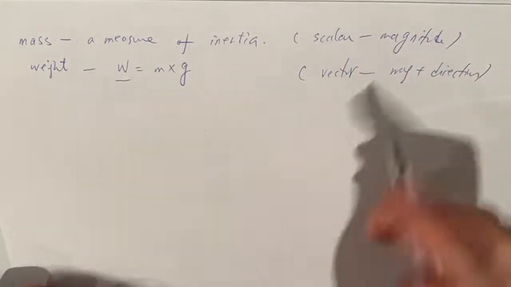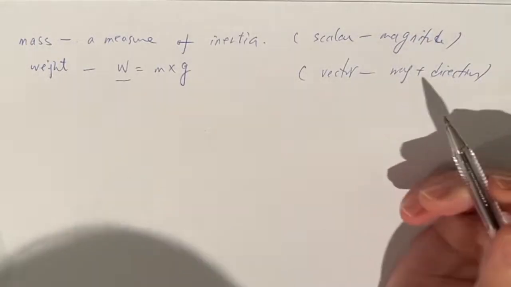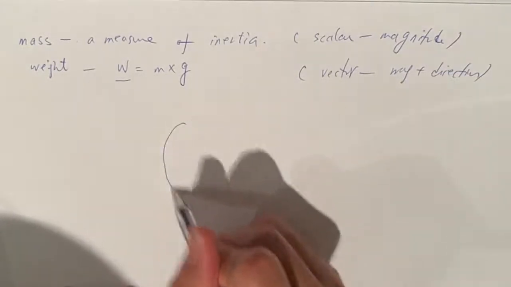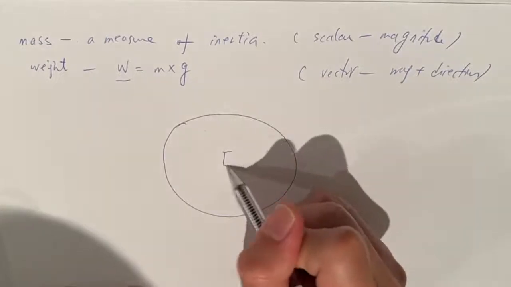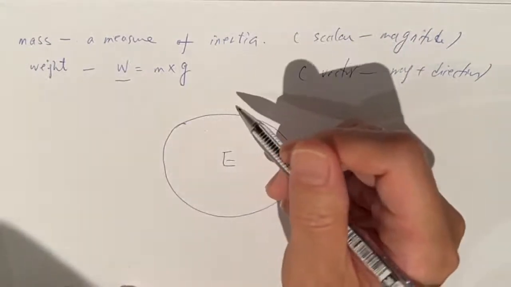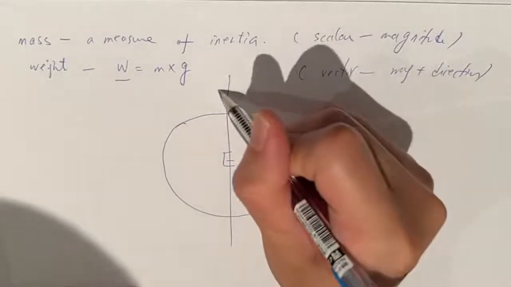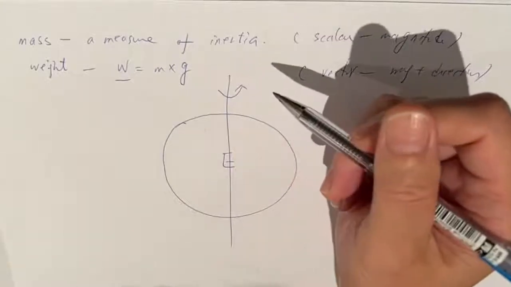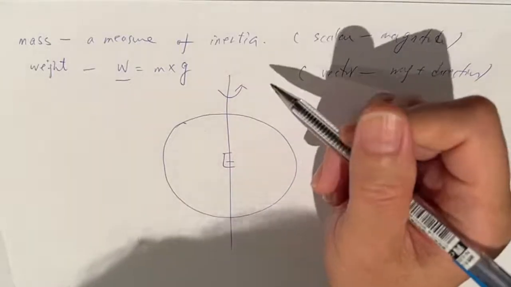Now, how about the situation here? Suppose we draw a circle to represent the Earth. We all know that the Earth is rotating about its own axis, each day, 24 hours.